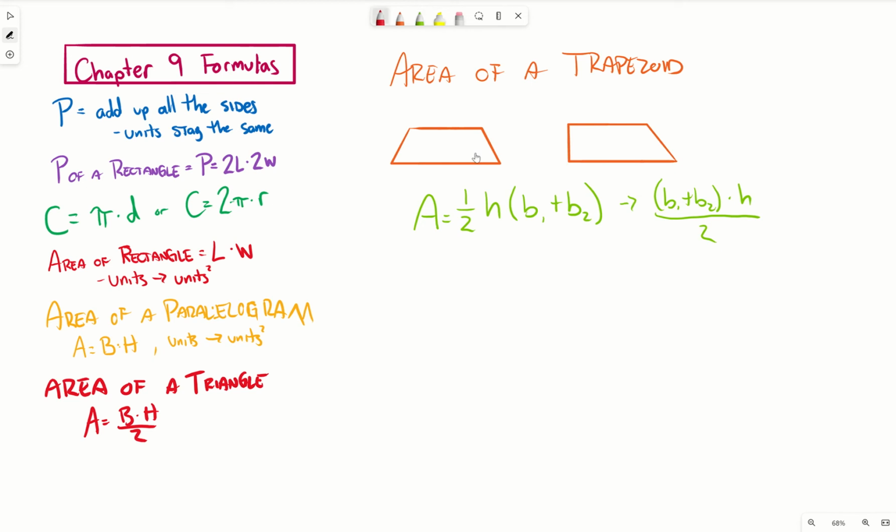So let me write this down on our formula sheet here really quick so we can move along. Area of a trapezoid is area equals base 1 plus base 2 times the height, all divided by 2.